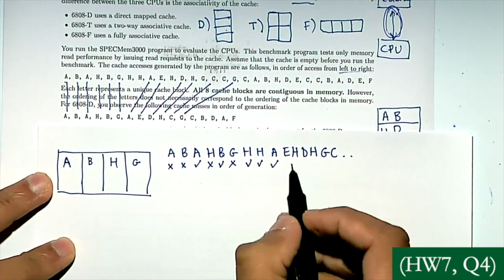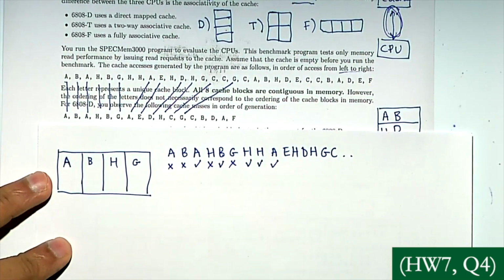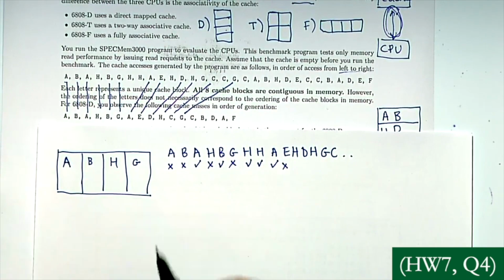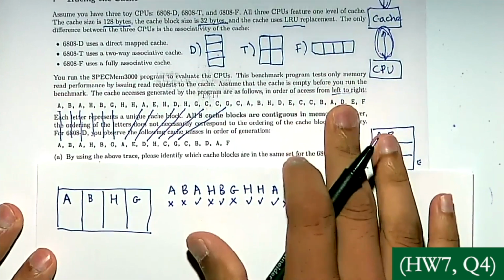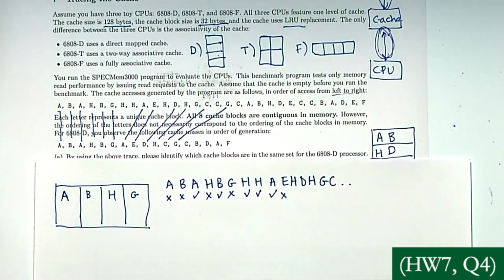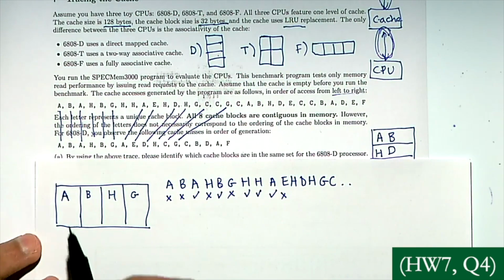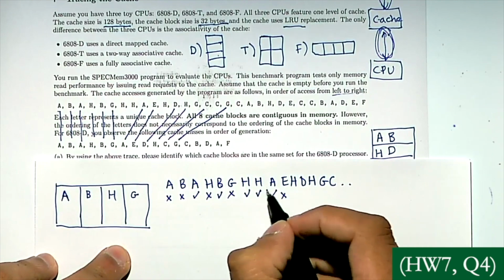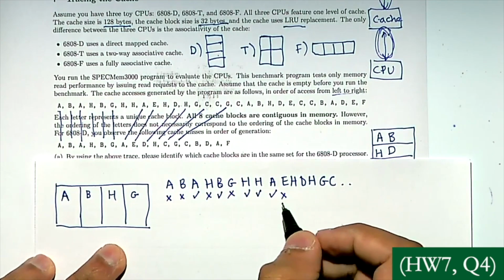So this is a more interesting one. We have E, which is not in the cache right now. So it's going to be a miss, but we have to figure out what gets evicted in the cache. This is where the replacement policy comes in. Least recently used means we're looking for the cache line that hasn't been accessed, the oldest cache line, essentially. We can look backwards to see what's the oldest one currently in the cache.